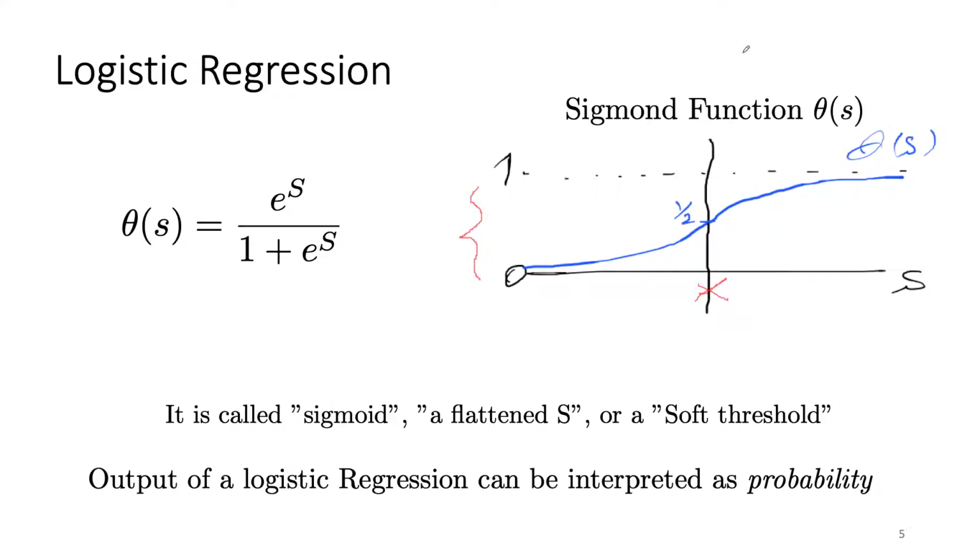Another interesting point: now that we have probabilities in the output, can we use those probabilities to come back to the data we used, before we got thresholded by that soft threshold? So now we have two interesting problems to see.